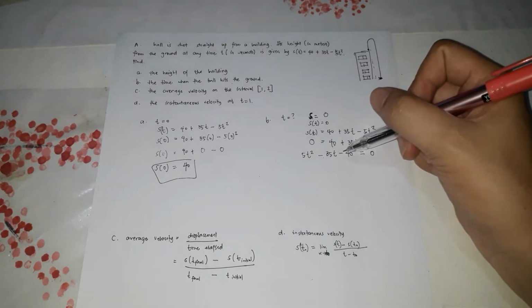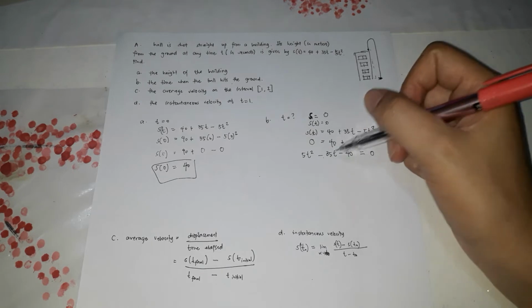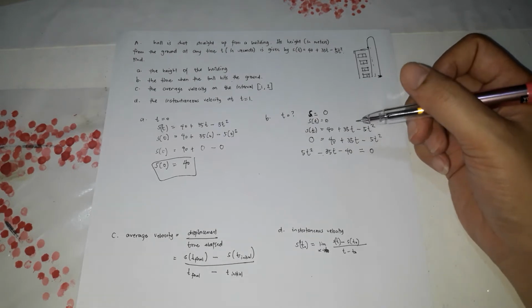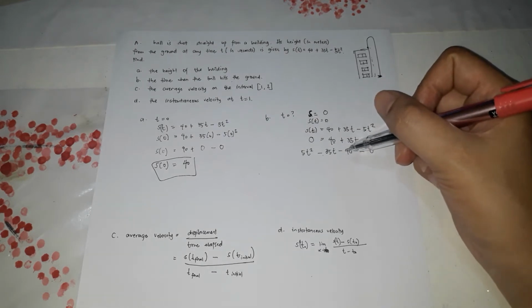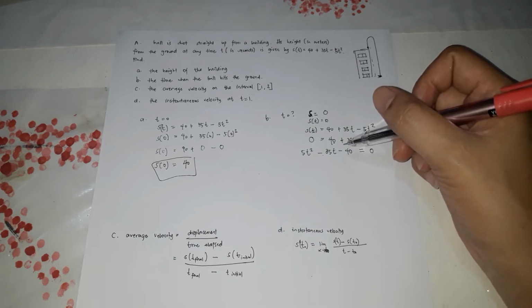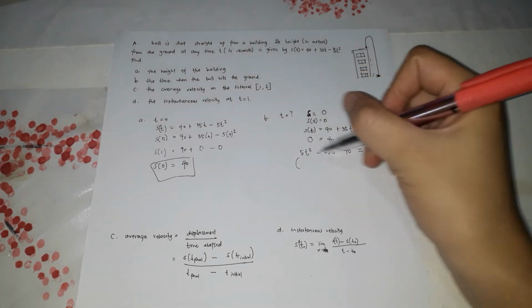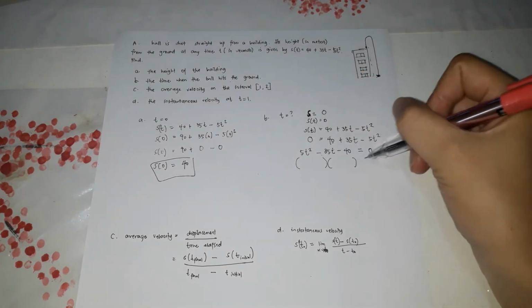So, next thing we're going to do is solve natin yung t. How are we going to solve t? You could use the quadratic formula, x is equal to negative b plus minus square root of b squared minus 4ac, so on and so forth. Or if we could do factoring, let's do factoring because it is easier.